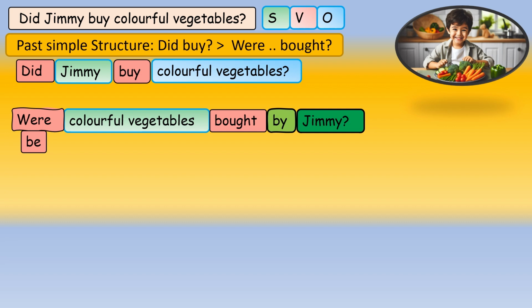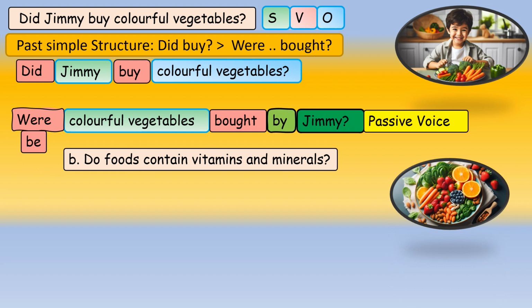And now that is our sentence complete in the passive voice. So it started off with the active: Did Jimmy buy colorful vegetables? Now our answer in the passive voice is, were colorful vegetables bought by Jimmy? And that is now our passive interrogative sentence.